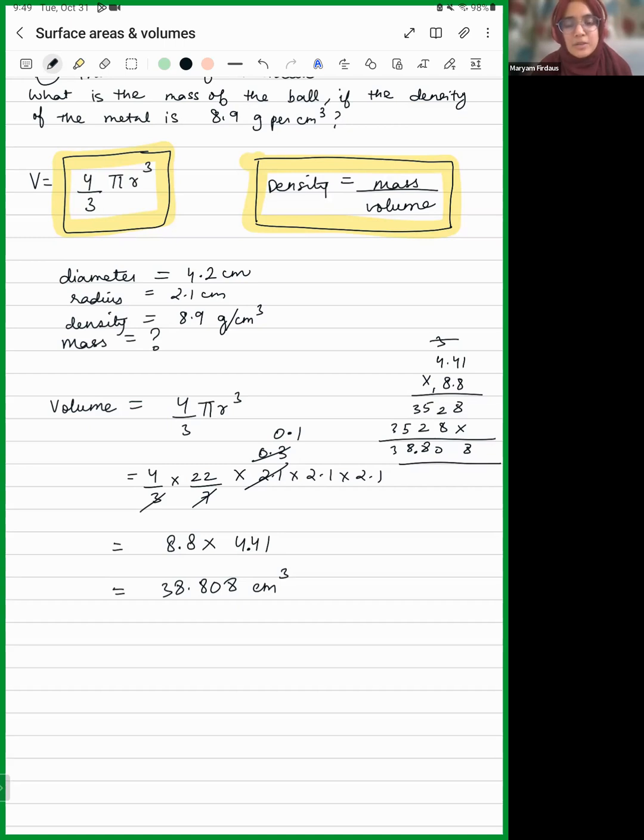So I think I have just now sent surface areas and volumes. Wait, I will send circles. You want circles, right? Let me know if the one that I have sent is circles or something else.